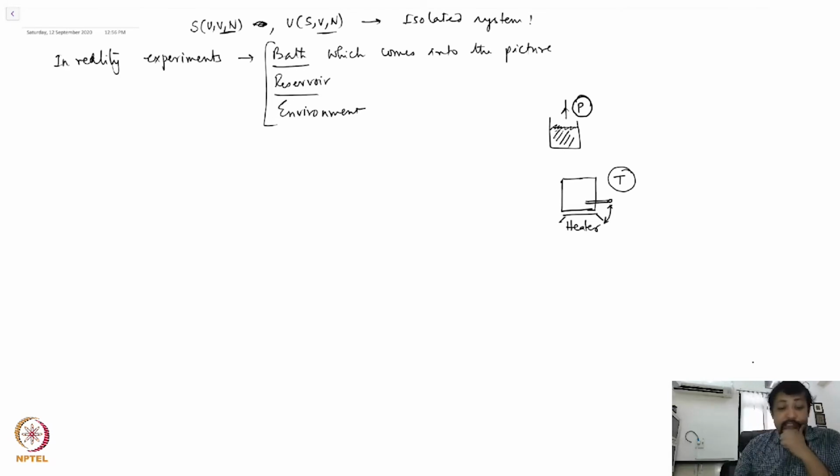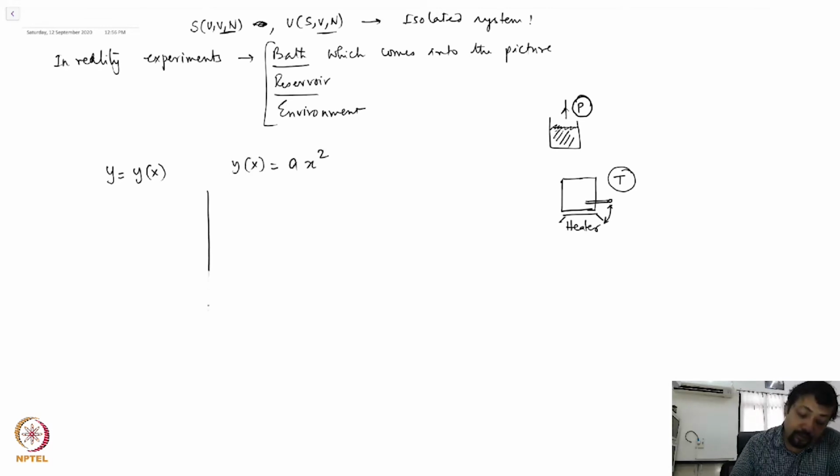Now to answer this, we shall look in some different area. Let's consider y as a function of x. If I want to plot this function and I know the functional form, for example y of x equals a times x square, all of you know how the plot is going to look.